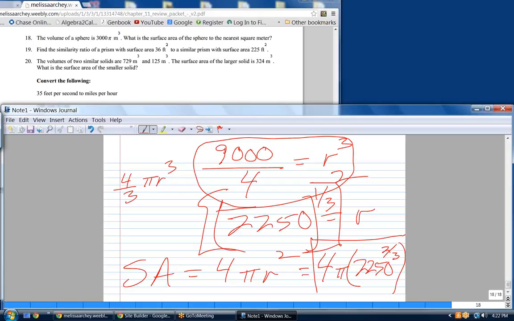Wow, could it make that much difference that I rounded off? 2250 raised to the 2 divided by 3. Let me try it that way. Oh yeah, that works. I get 171. Wow, look at the difference between using 0.66 and using 0.66666.